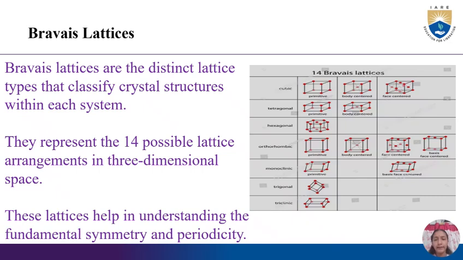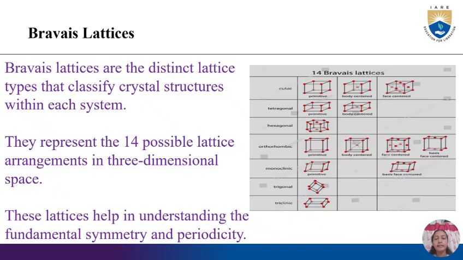Tetragonal has primitive and body-centered. Hexagonal has only primitive. Orthorhombic has primitive, body-centered, face-centered, and base-centered.